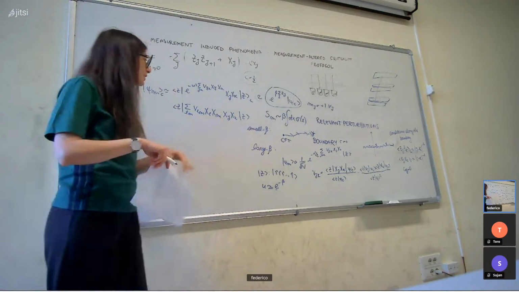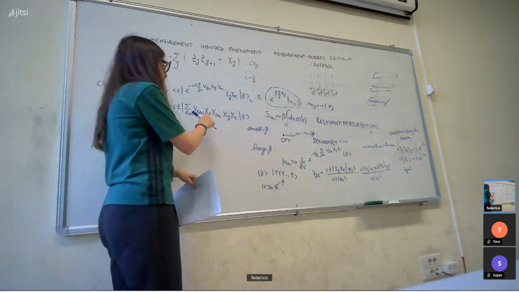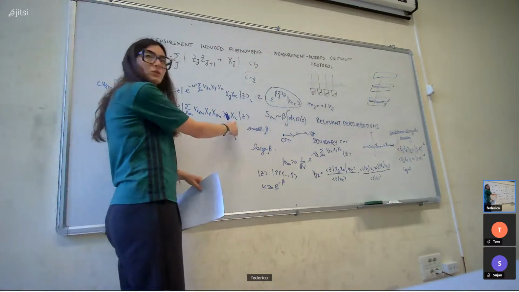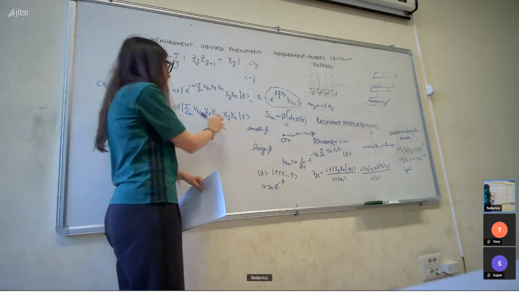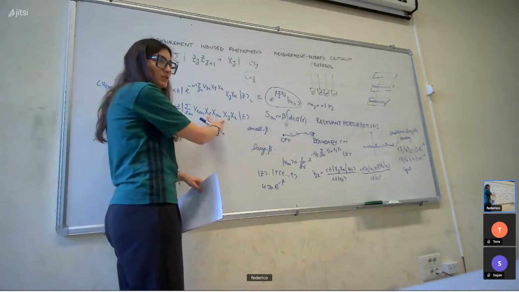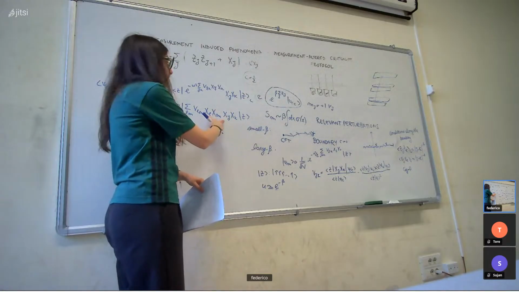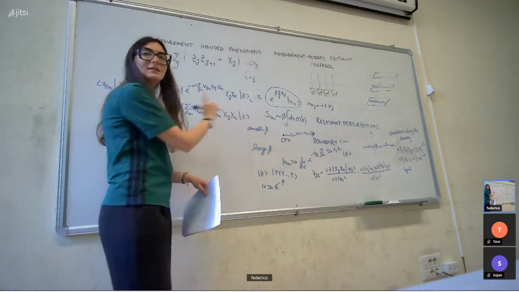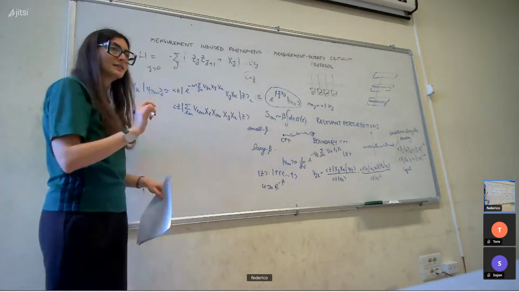And so it means that only when, for instance, L is equal to J and M is equal to K, we get X squared, which is 1. And so this doesn't act on the Z state.